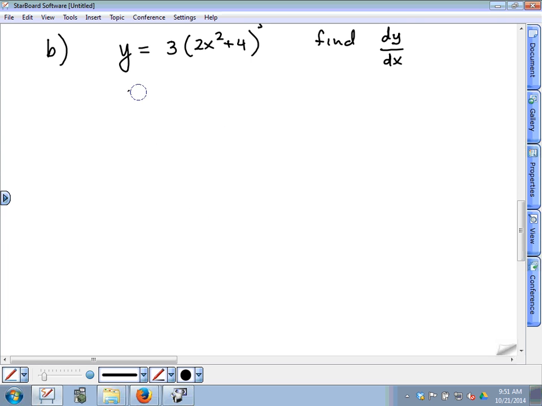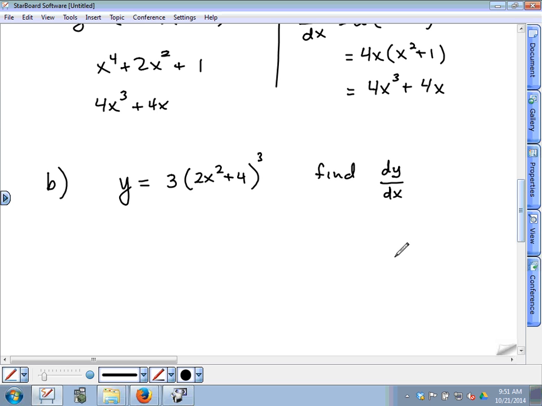But again, I'm going to have to go back to that phrase, an outer function and an inner function. The derivative of y with respect to x is the derivative of the outer function. The outer function is this right here that's being raised to the third power. So this is just a power rule.